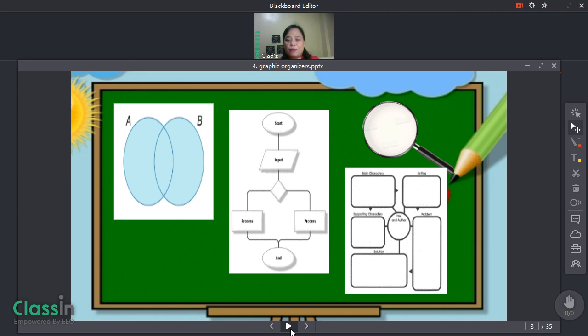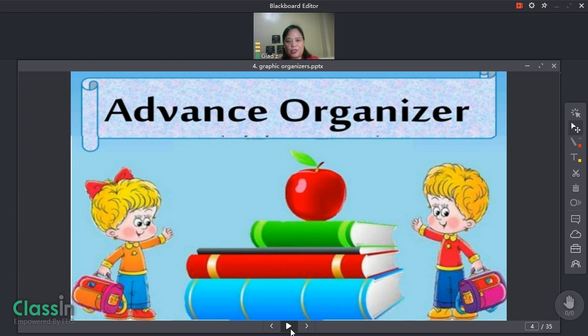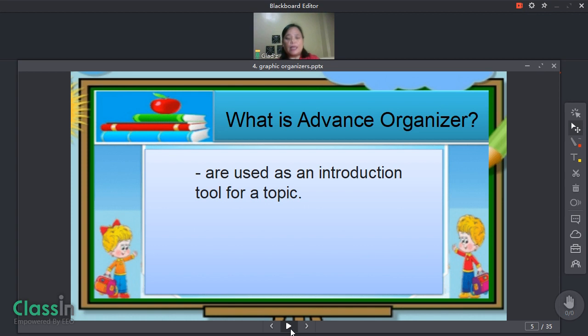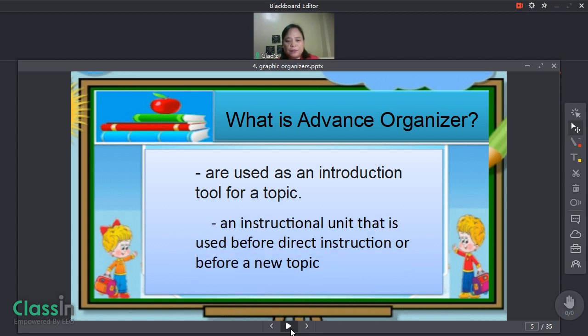Before that, let's first define what an advanced organizer is. Maybe this is the first time that you heard this word, advanced organizer. An advanced organizer is used as an introduction tool for a topic, an instructional unit that is used before direct instruction or before a new topic.